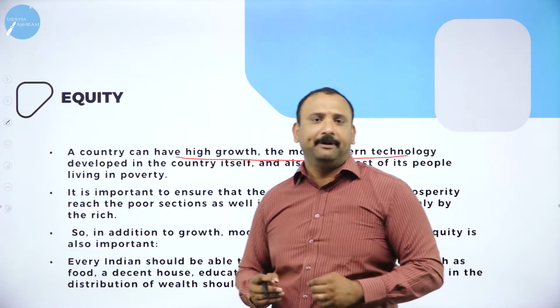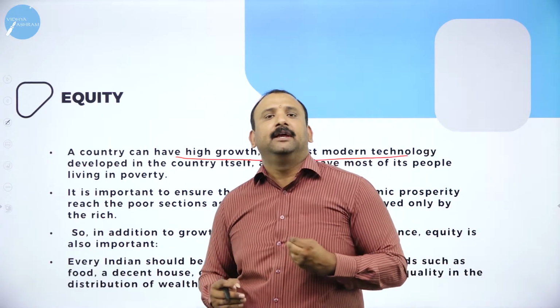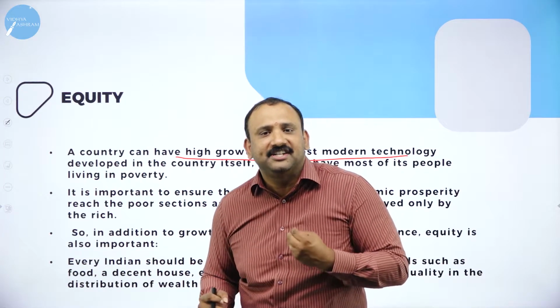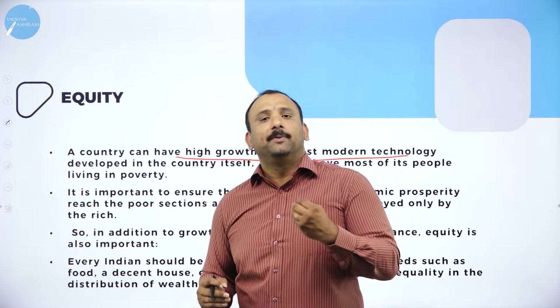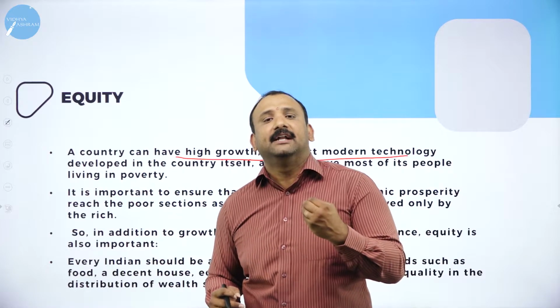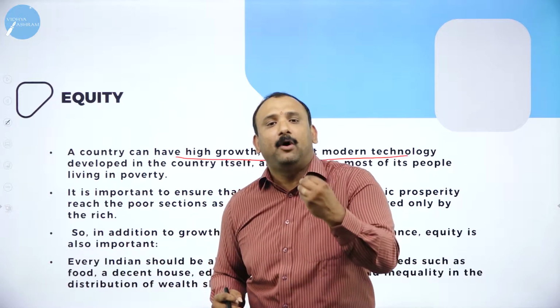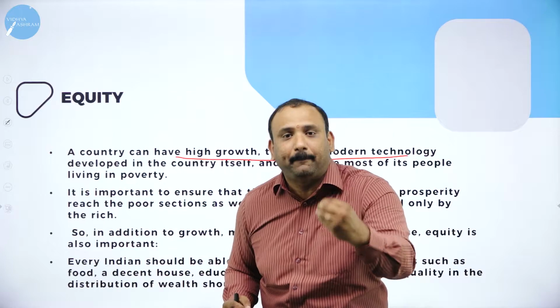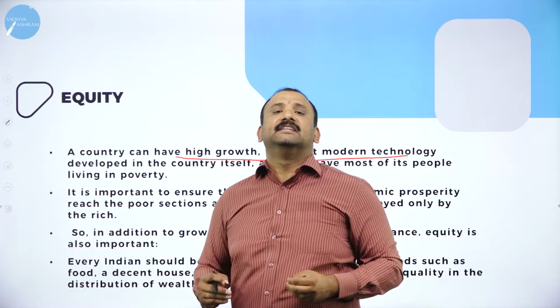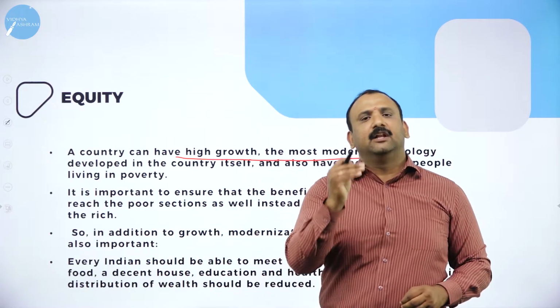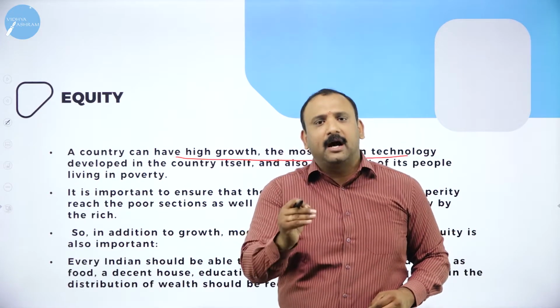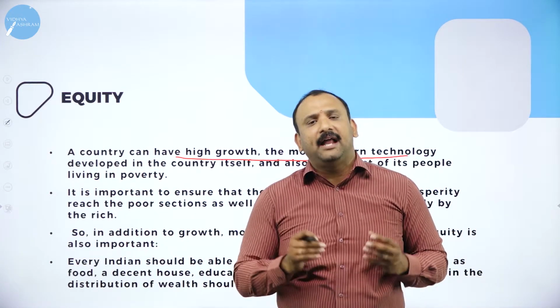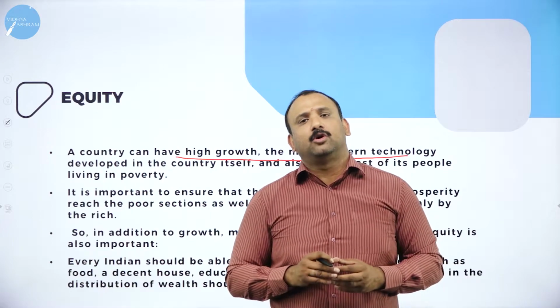How did this happen? When you see growth happening in a country, when you see modernization coming up in a country, you would also be able to see that there is a lot of importance that needs to be given to the people who participate in this activity. Every single one of us goes to work hard to earn money, and we contribute towards the growth of the nation.